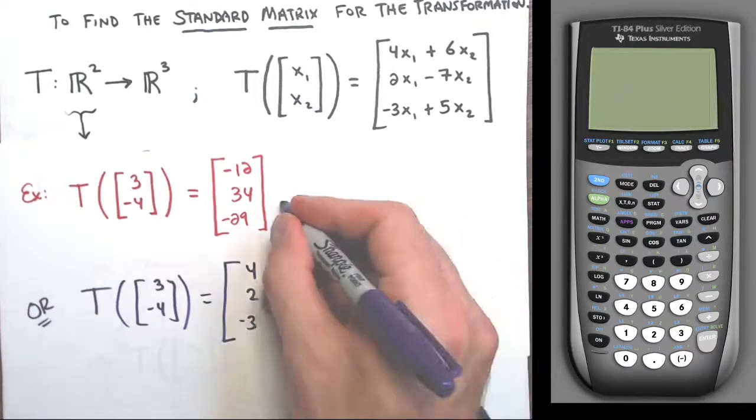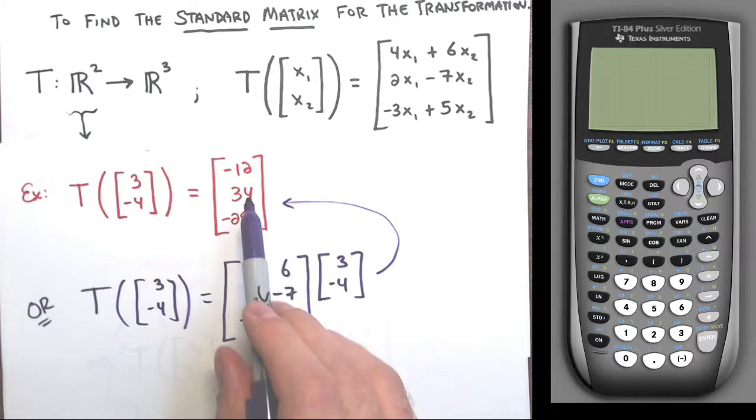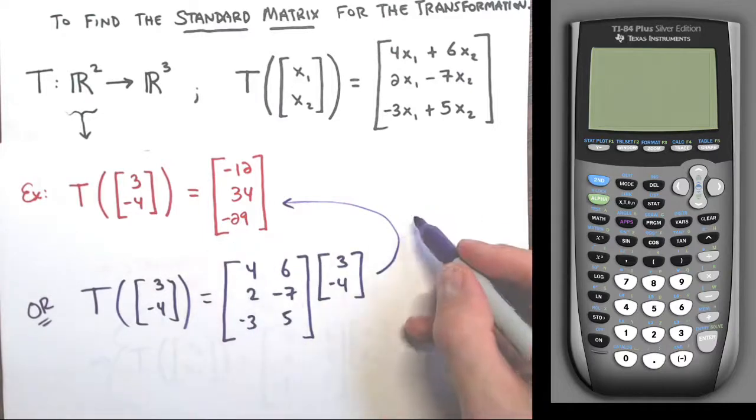And hopefully you're seeing that it's exactly the same as that vector there, the image of 3, negative 4 that I got earlier by plugging it into the original rule. Let's double check: 4 times 3 plus 6 times negative 4, that's 12 minus 24 is negative 12, great. Then second row, 6 plus 28, 34. And third row, negative 9 plus negative 20, negative 29. It works out.